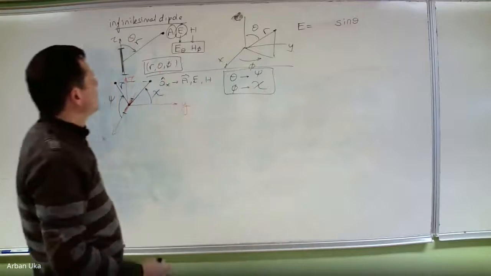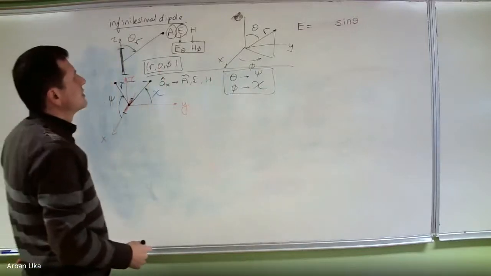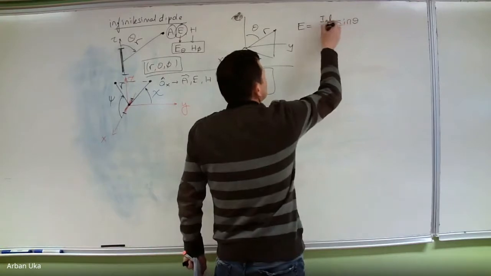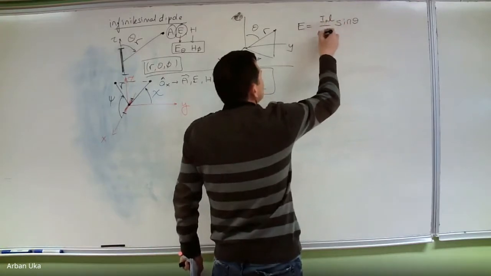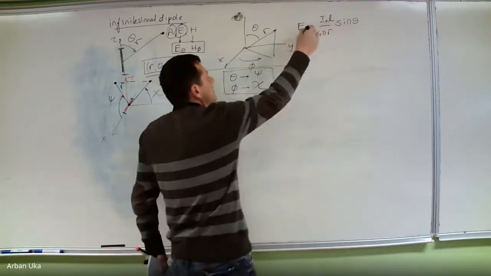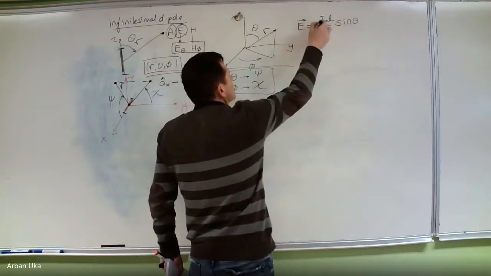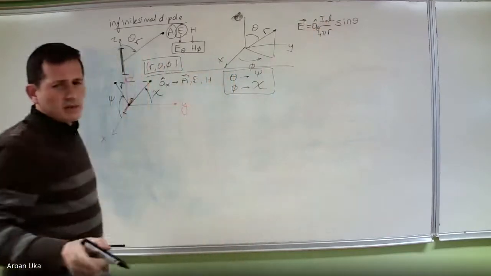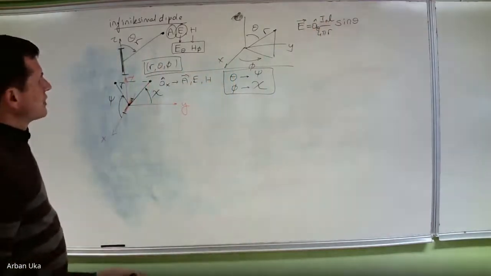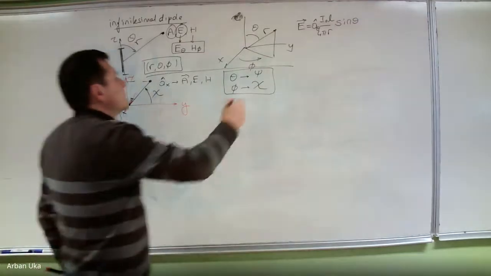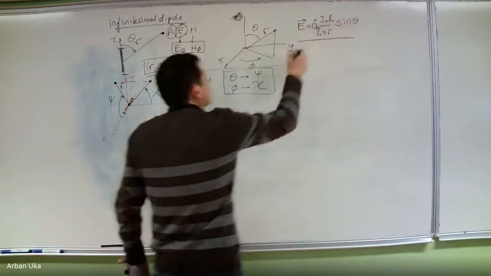The terms include the current I0, the length L, some 4 pi over r, and other terms. It also includes the direction, which is theta. You can look at the book and write the whole expression.